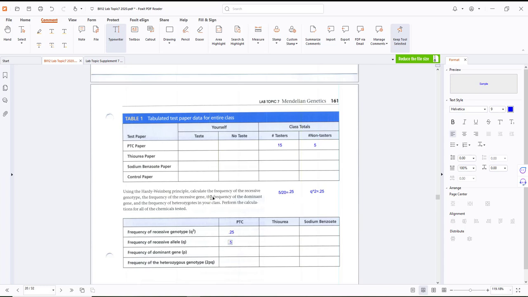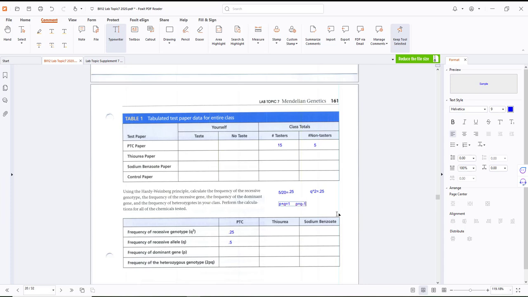If I know what q is, I can figure out what p is. p plus q equals 1, so p equals 1 minus q.